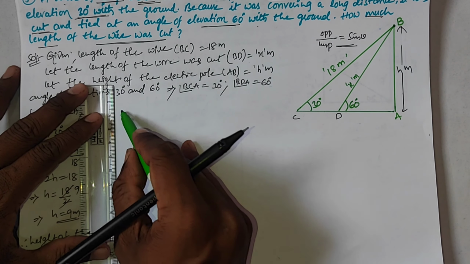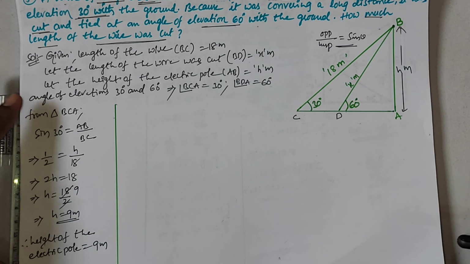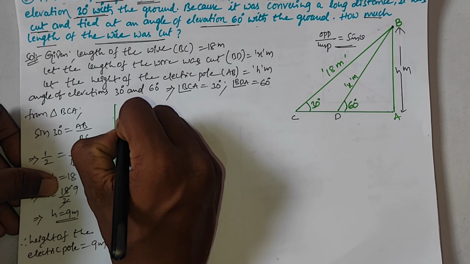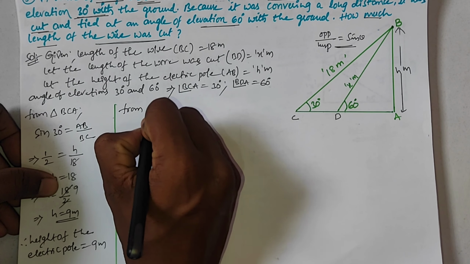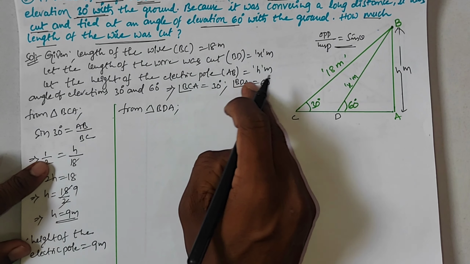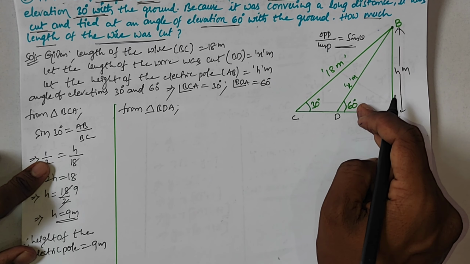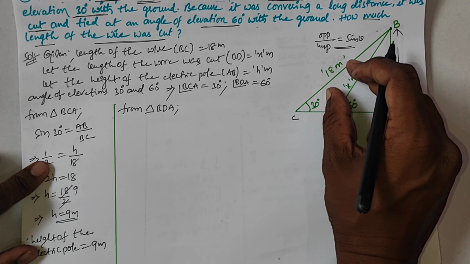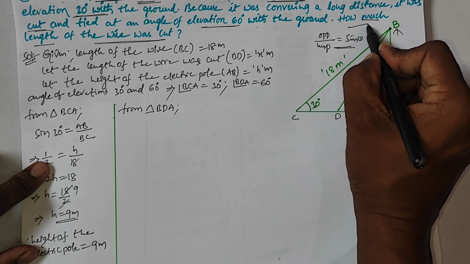Now second case, given the angle of elevation is 60 degrees, right? Now from triangle BDA, with respect to angle BDA of 60 degrees, again side opposite to the hypotenuse, so we have to consider again sin theta, right?